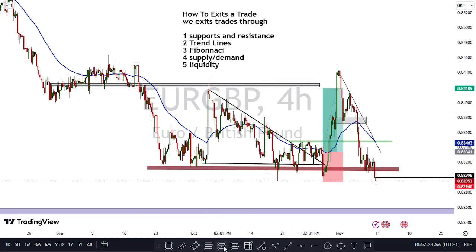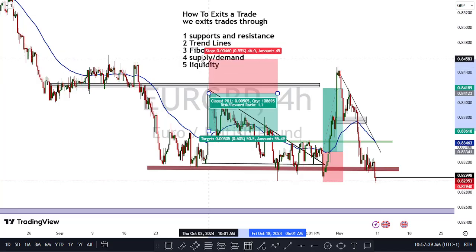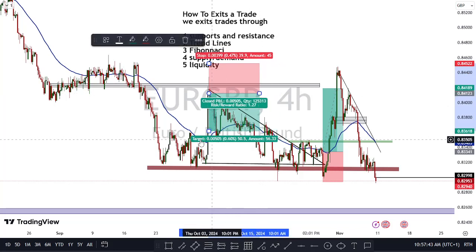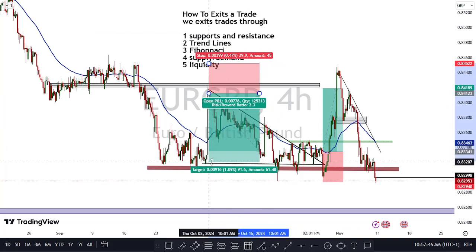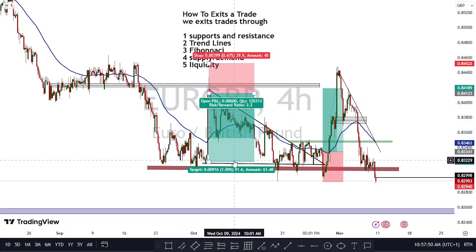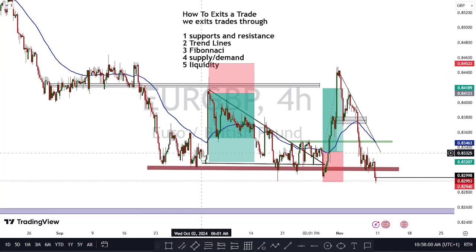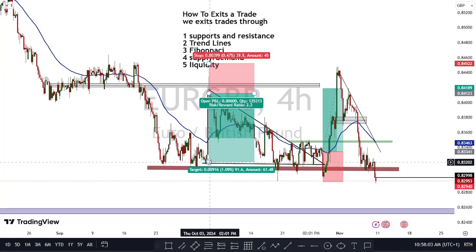So if we were to enter this trade right about here, this is where we should keep our stop, exactly above there, and this is where our profit should have been, right about here. Why? Because this is the previous structure in which we keep our stop. So that will be our trade exit for the stop loss if we are wrong, and this will be our trade exit for the take profit if we are right.